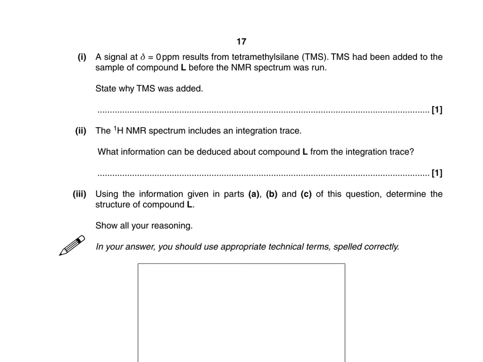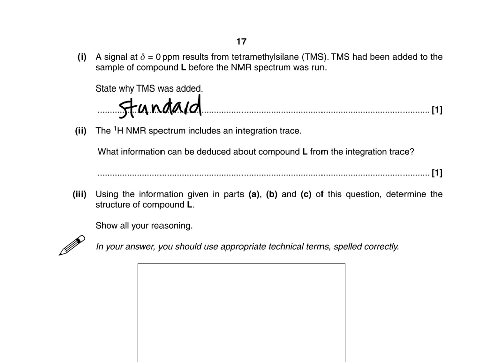So why do we add TMS? TMS is the standard for chemical shift measurements, or we use it for calibration or reference. Any of those words will get you the mark.